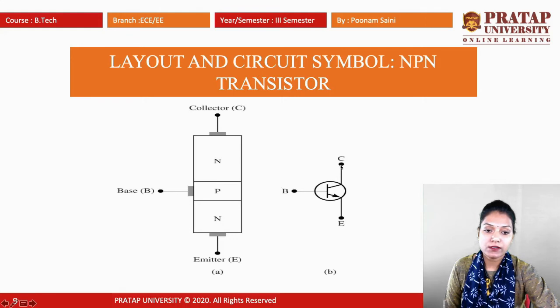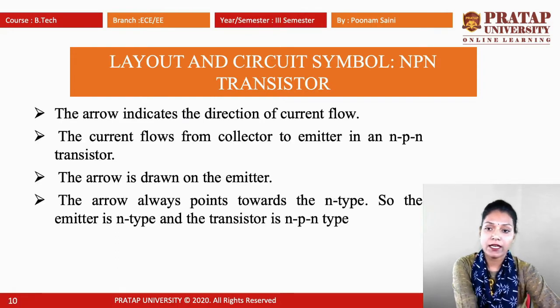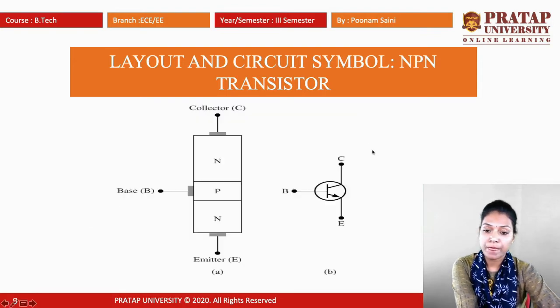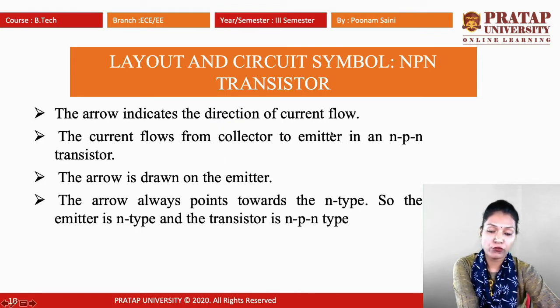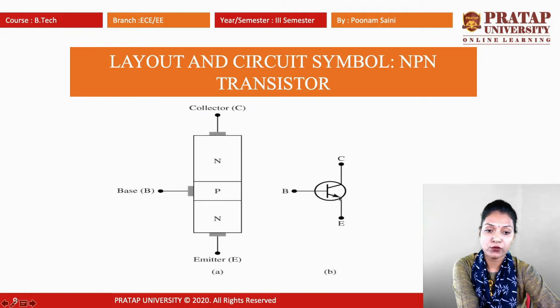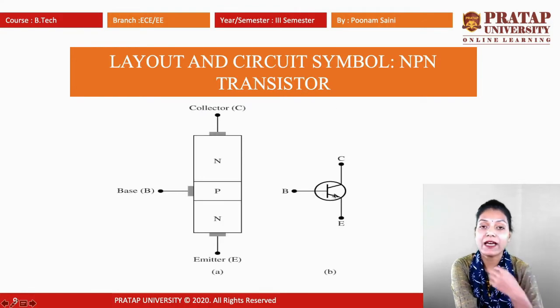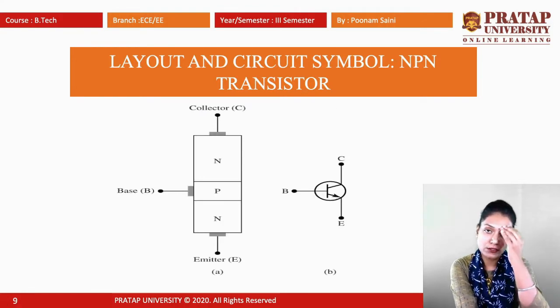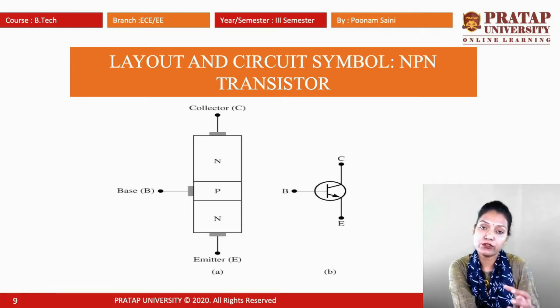You can see this is the collector, this is the base, and this is the emitter, and this arrow is going towards the emitter. So this is the diagram for NPN, in which the arrow indicates the direction of flow of current. This arrow is basically used to show in which direction the current flows.